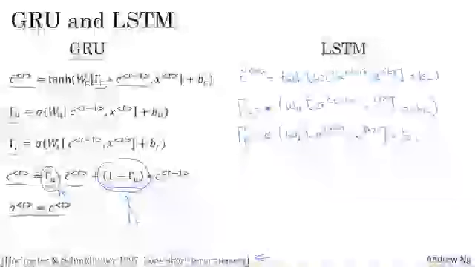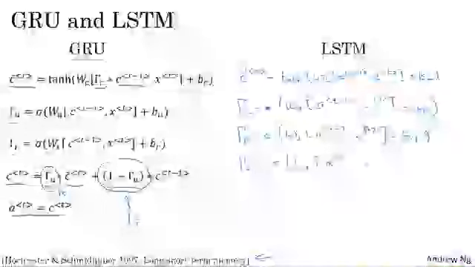So this gate gamma_f is going to be sigmoid of pretty much what you'd expect, x_t plus b_f. And then we're going to have a new output gate, which is sigmoid of W_o, and then again, pretty much what you'd expect, plus b_o.